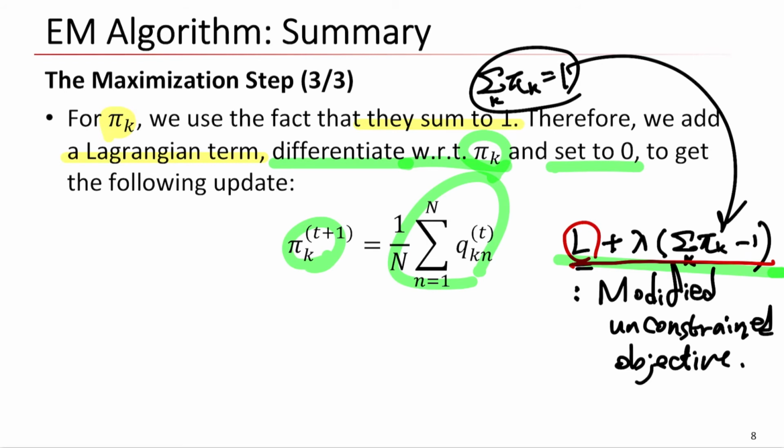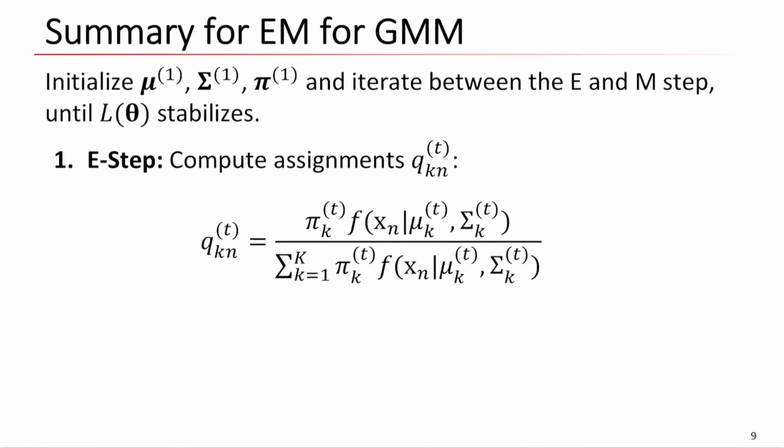So okay, it was the pi k here, right? Like that. Okay, this is a maximization step. And let's summarize the expectation maximization algorithm for the GMM model.